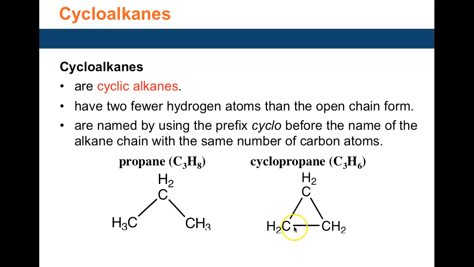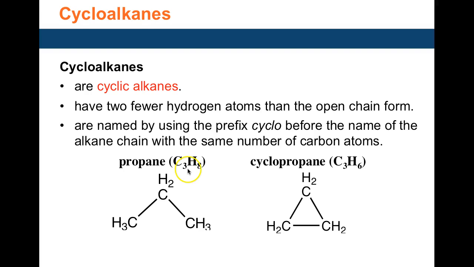Now, when these carbons are attached to each other in a ring structure, remember carbon has 4 bonds, so each carbon is already forming 2 bonds with its neighbors on either side. Therefore, each carbon can only have 2 hydrogens, so the number of hydrogens is reduced. In an alkane, the number of hydrogens is twice the number of carbons plus 2. If n is the number of carbons, n equals 3, so 2 times 3 is 6, plus 2.